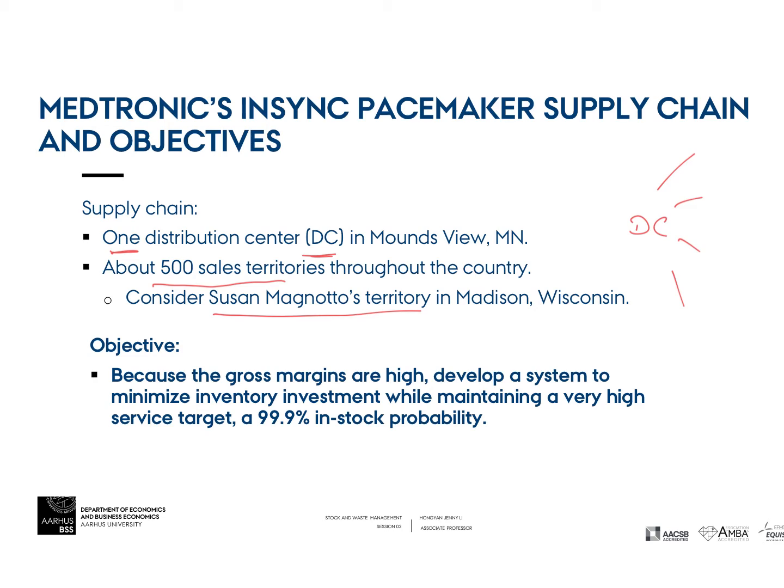In this problem, the gross margin is really high, so we develop a system to minimize the inventory investment while maintaining a very high service target. Here the service target is a 99.9% in-stock probability. That's basically the decision objective.